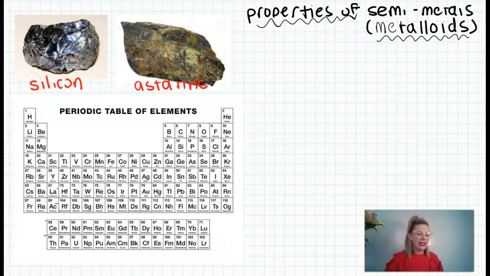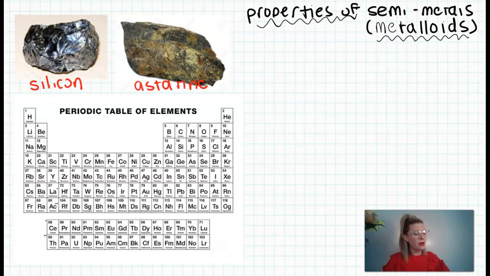Now looking at the images, you'll notice that silicon and astatine don't really look like they have too much in common with one another. And that's really because these semimetals or these metalloids have a really large variety of properties. So some of them are lustrous and some of them are not. Some of them are a little bit more malleable than others, and some are brittle.